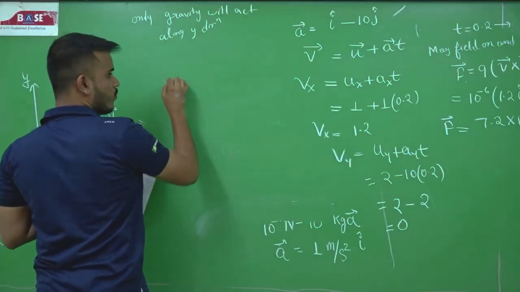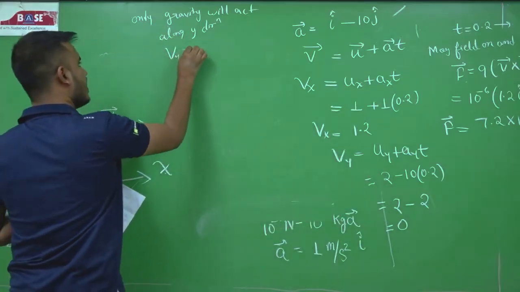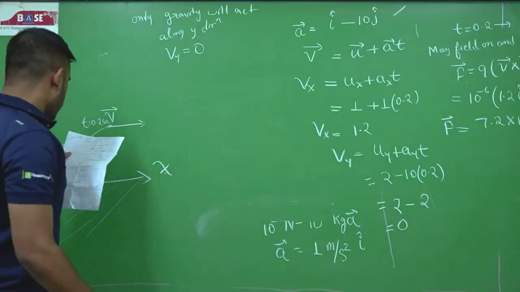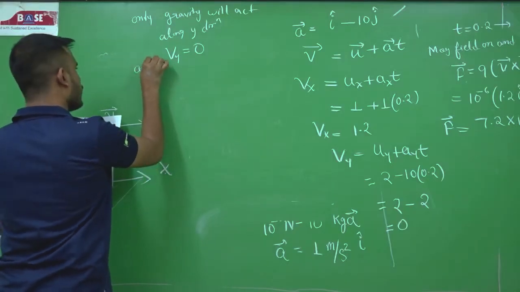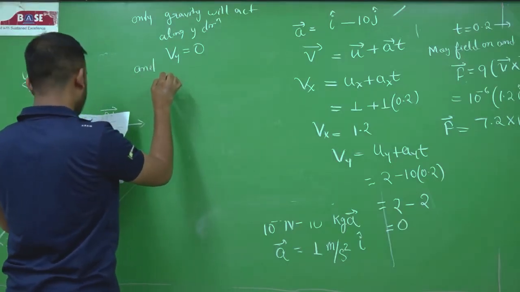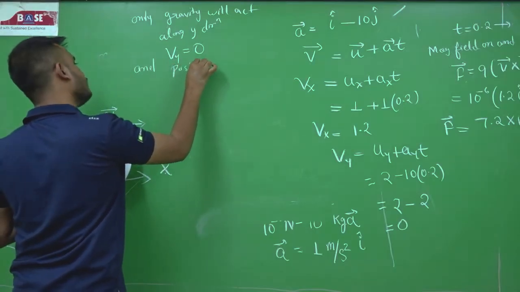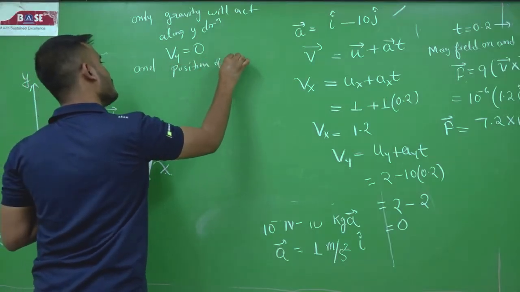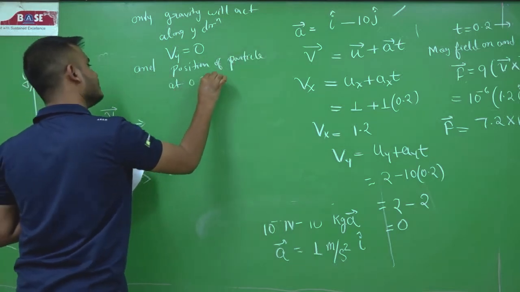So from here we know that Vy equals 0, so I can say the velocity along the y direction was 0. And we can find what is the position of the particle after 0.2 second.